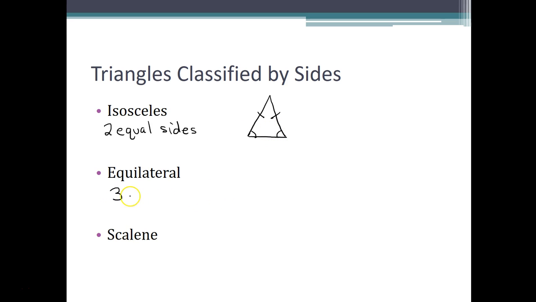Equilateral has 3 equal sides. And what happens there is with all 3 sides the same, all 3 angles are also the same. And then scalene has no equal sides.